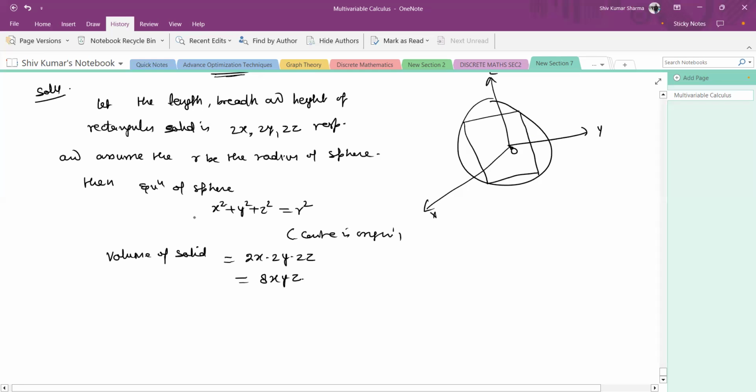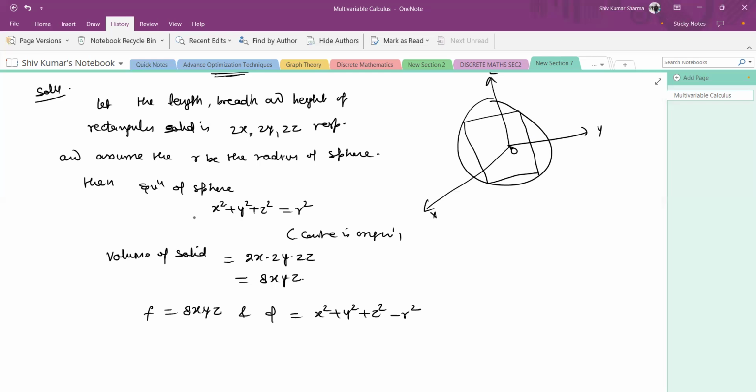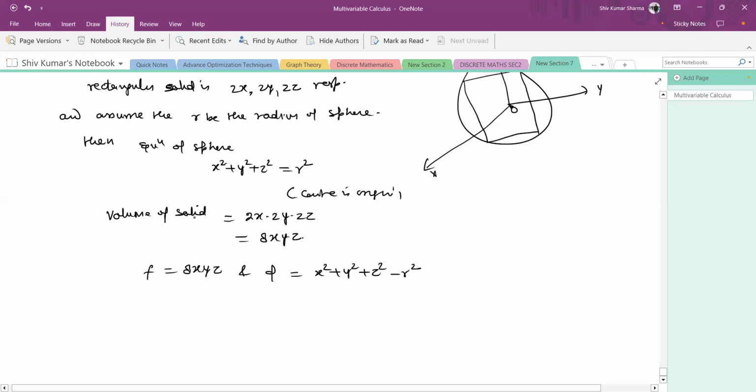So this is our function f, f is equal to 8xyz, and function phi is equal to x square plus y square plus z square minus r square. We are proving that a rectangular solid of maximum volume inscribed in the sphere is a cube.